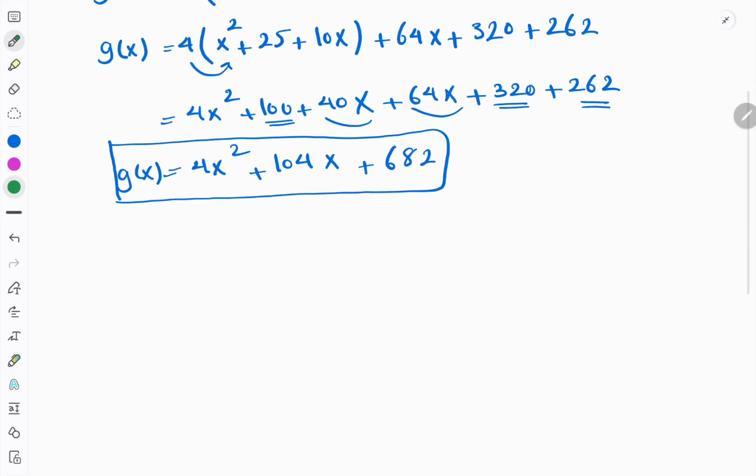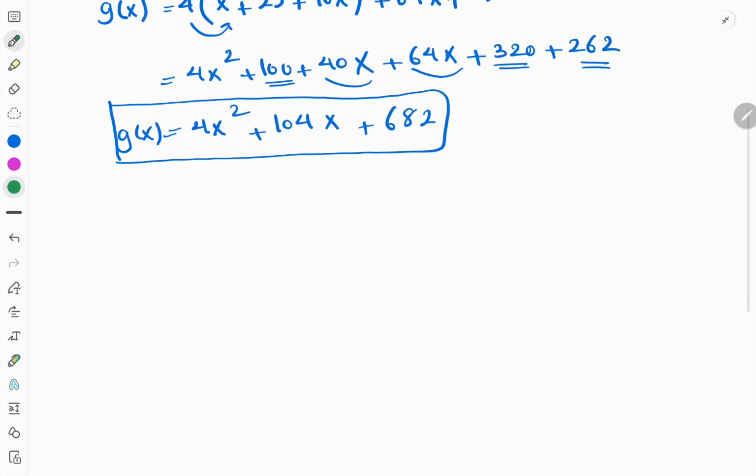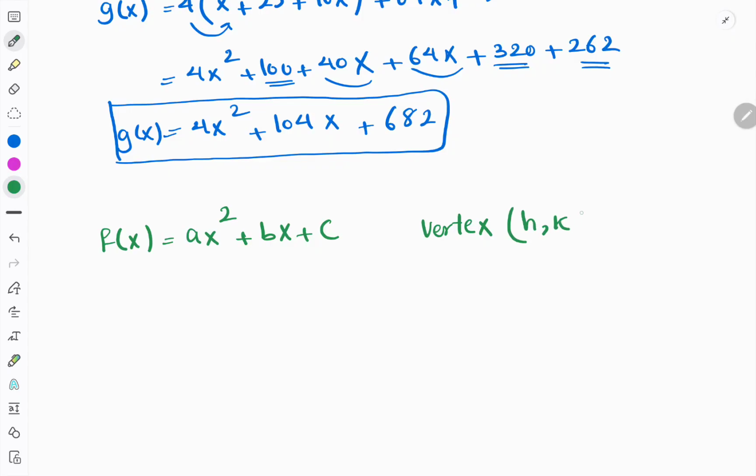Before this, I'm going to talk a little bit about the parabola or quadratic function, which is in this form, the general form. In this form, the vertex or turning point of this parabola is h and k. You can rewrite this function as a times x minus h squared plus k.